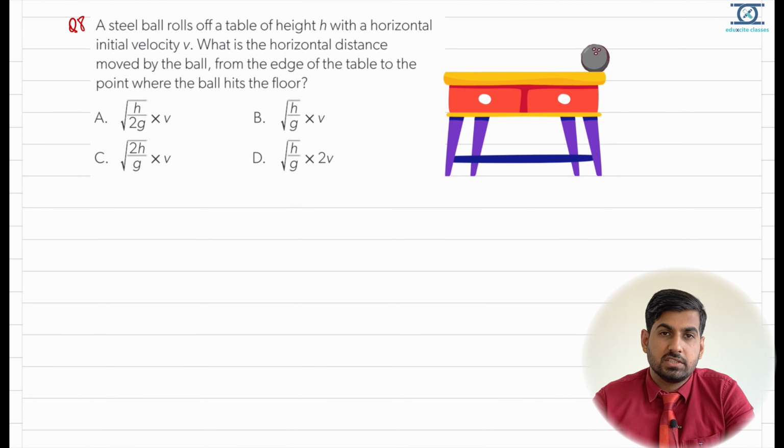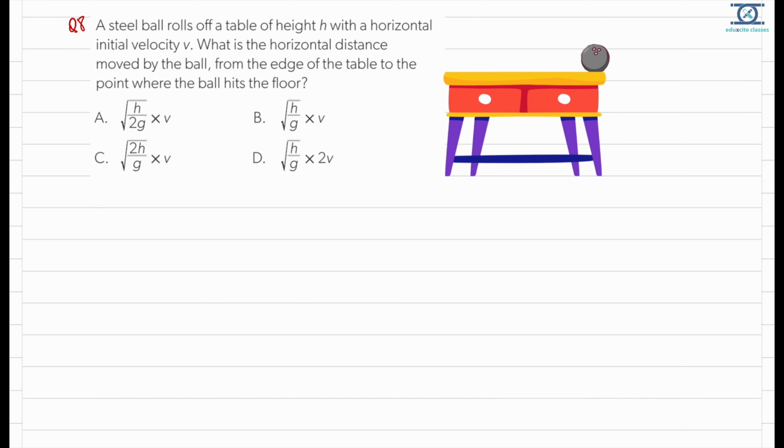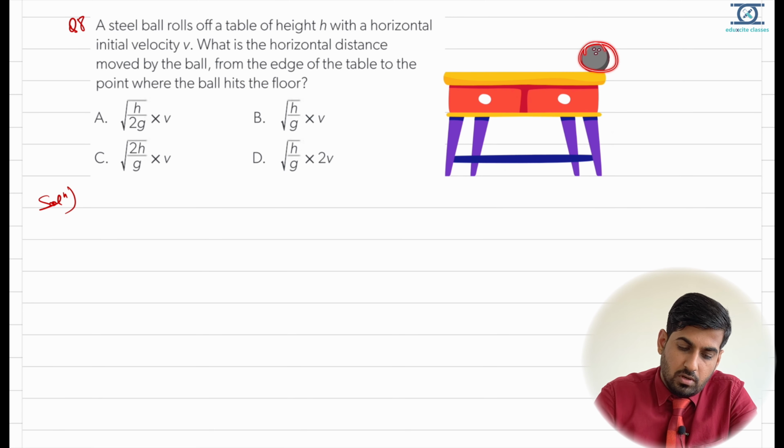Now question number 8, just pause the video and solve. So this is the steel ball, it is at a height h from the ground as of now, and the initial velocity is v in the horizontal direction.